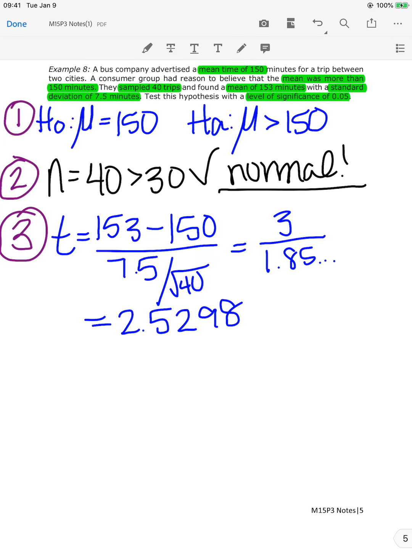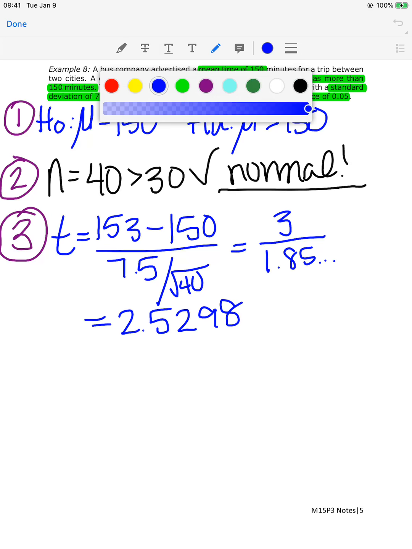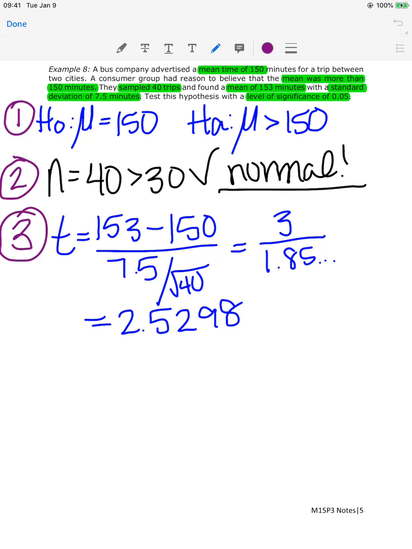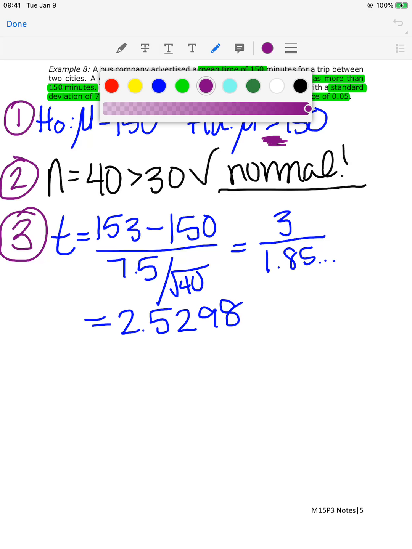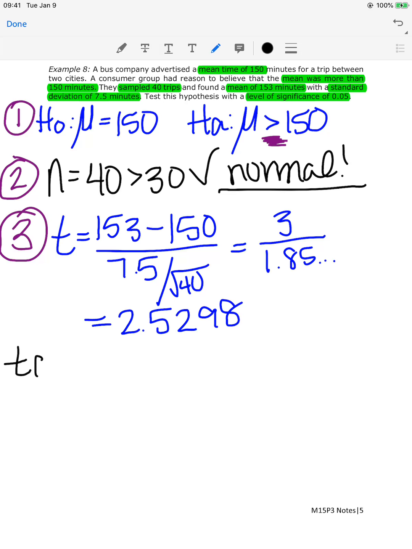All right, and now because this is a right-tailed test, we have this greater than symbol. We're going to treat this as if it's a greater than probability question. So T CDF. We're starting at our t-score, 2.5298. We're stopping at infinity.